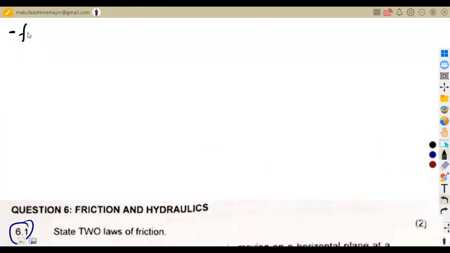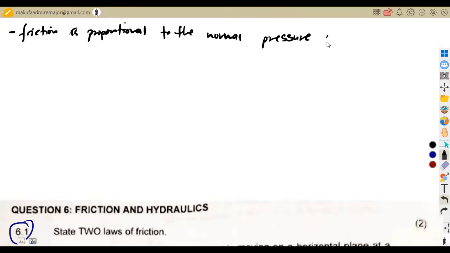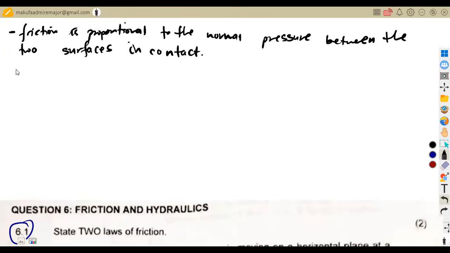So you can just say here friction is proportional to the normal pressure in this case, between the two surfaces in contact. All right, so that is the first part that we need to understand about our friction.